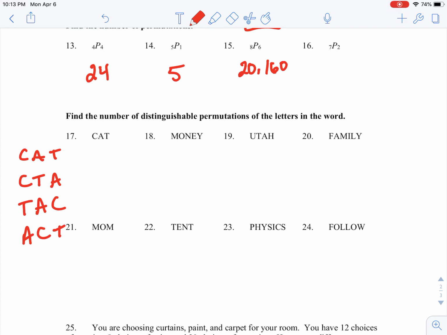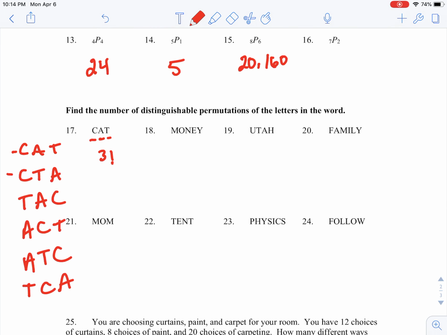There's 3 letters, so it's 3 factorial, which should be 6 combinations, so we're short. C-A-T, A-C-T, A-T-C, and one more. It's got to start with a T. T-C-A. There's 2 that start with C, 2 that start with T, and 2 that start with A.